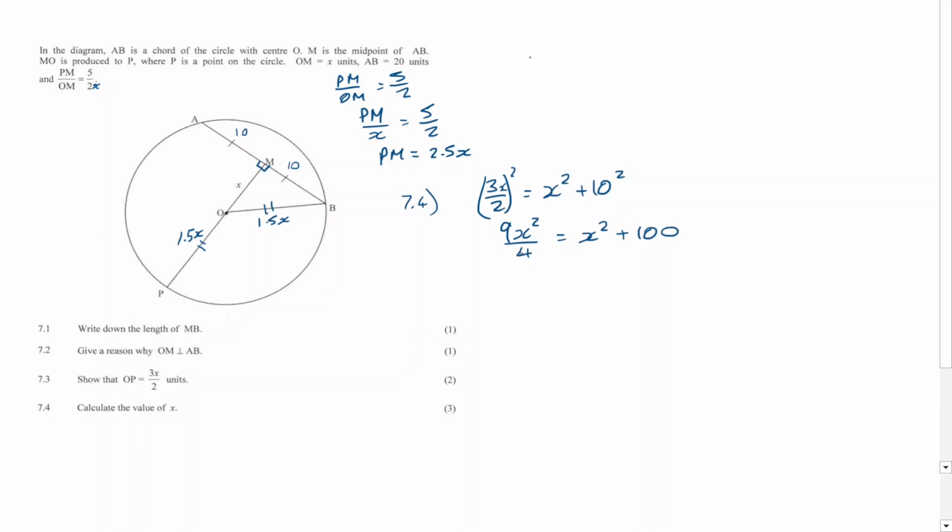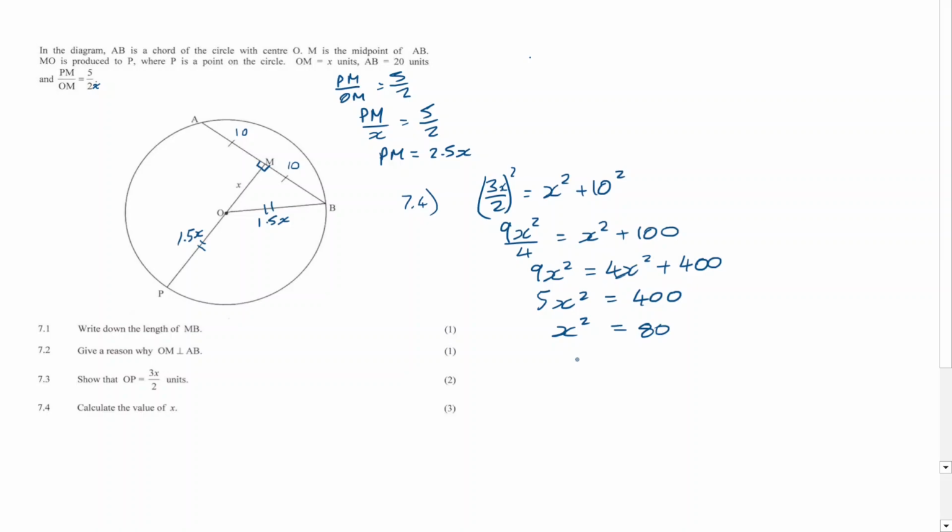And then you don't really want to have a denominator, and so you're going to times everything by the LCD, by 4. So you get 9x squared equals 4x squared plus 400. I'm going to take this across, so I'll get 5x squared equals 400. I am going to divide 400 by 5, which gives me 80.